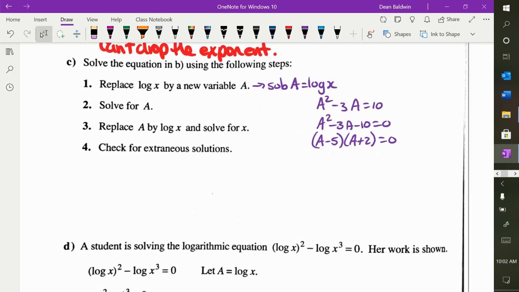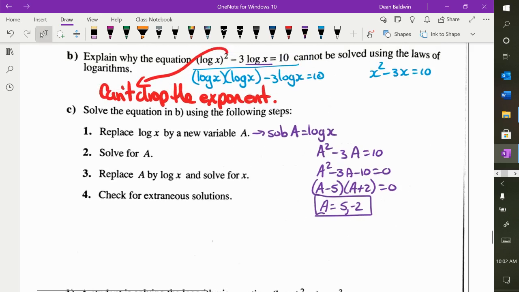So what does a equal? 5 and negative 2. Do I throw any of them out? No, you don't throw any of them out. Okay, because are we solving for a or are we solving for x? Solving for x. I just said a is equal to log x. So now we still have to solve for x.